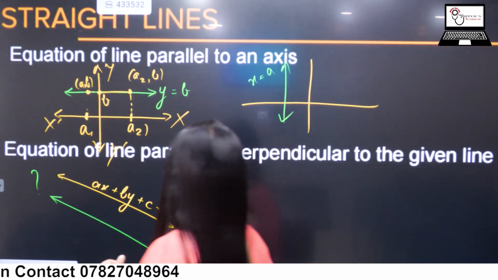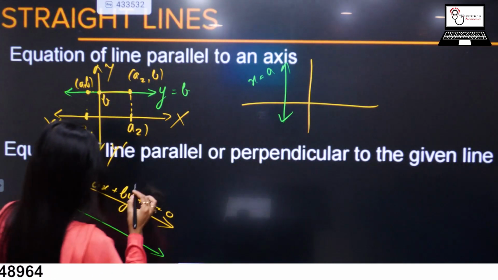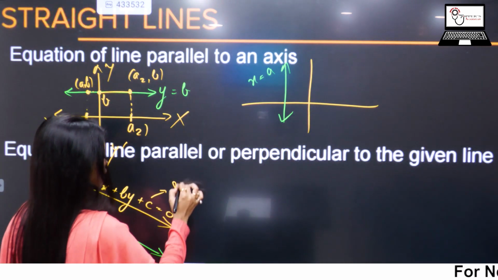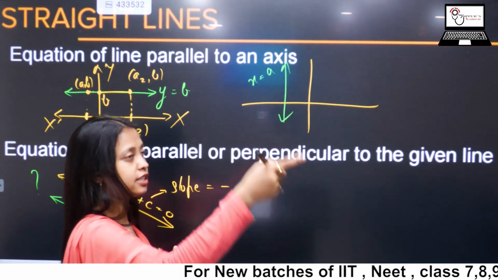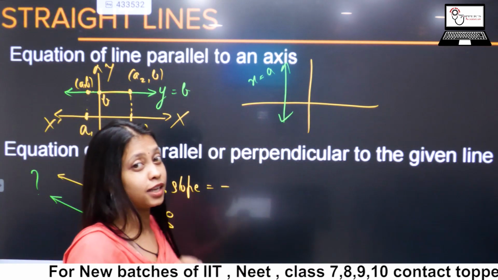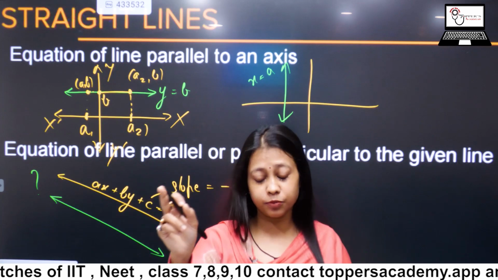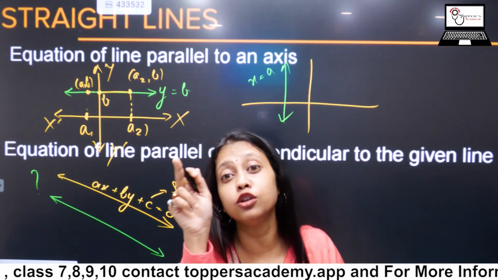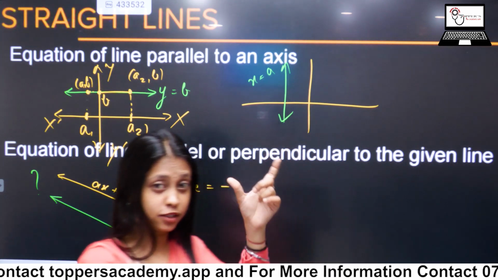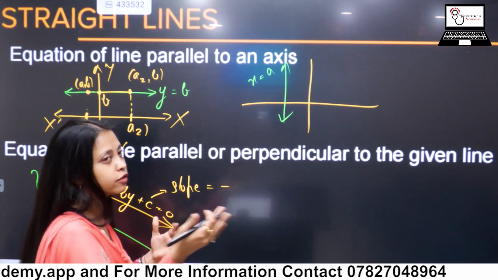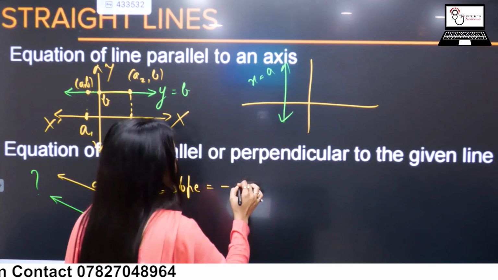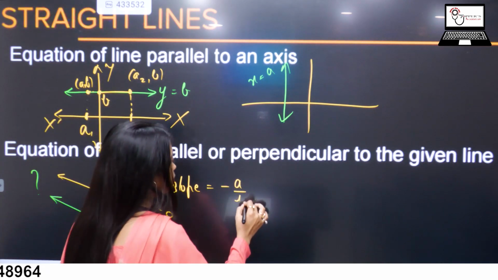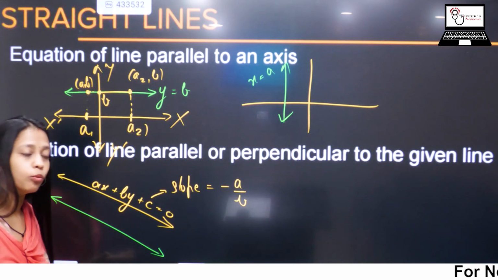The slope is minus coefficient of x divided by coefficient of y. In the last lecture, by mistake, I wrote it as coefficient of a divided by coefficient of b, so please take care of that. The coefficient of x is a, the coefficient of y is b. So minus a by b is the slope.